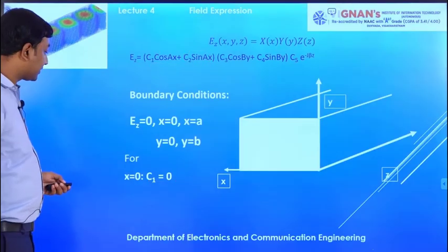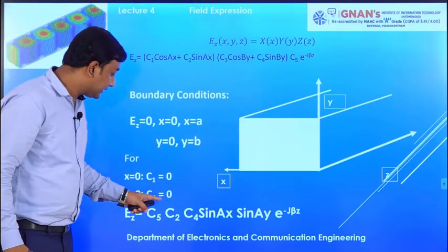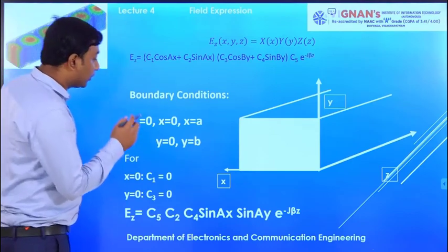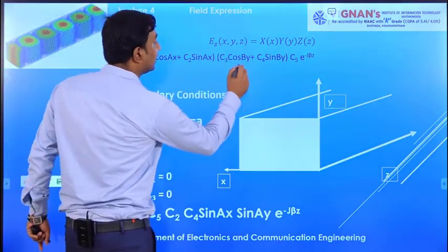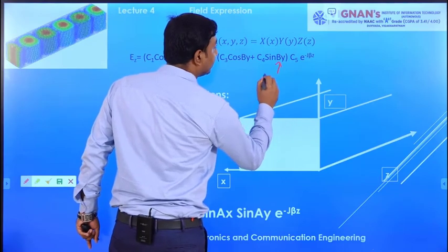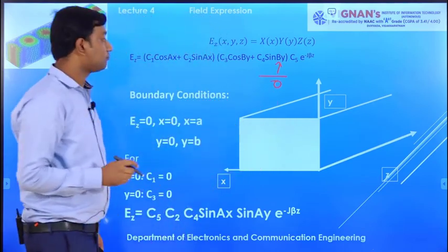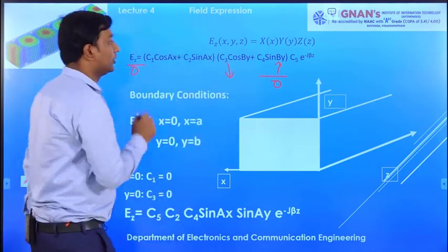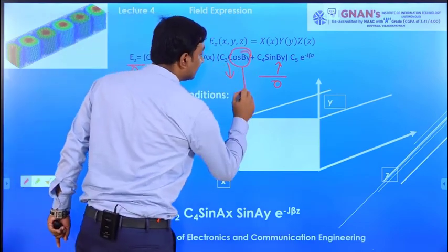Now coming to the next, for y equal to 0, C3 will be 0. Similarly, for y equal to 0, Ez value will be 0 only if C3 equals 0, because this component value is 1.